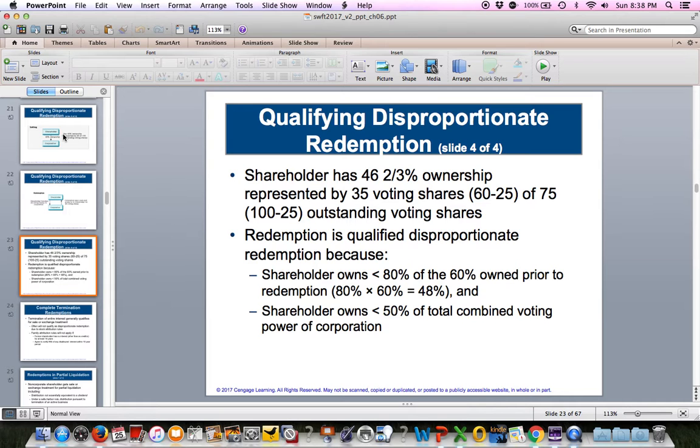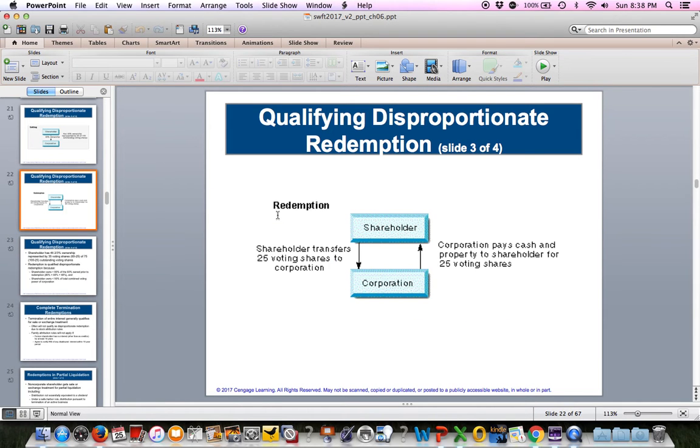Shareholder has a 46 2/3% ownership, represented by 35 voting shares out of 75, which is 60 minus 25 for the shareholder, and 100 minus 25 outstanding shares. So just go back and take a look at these.